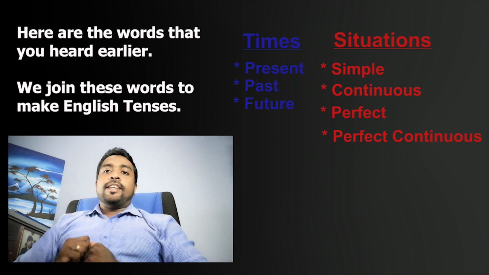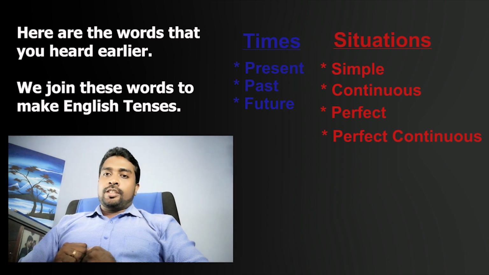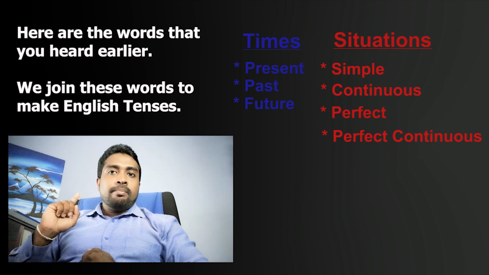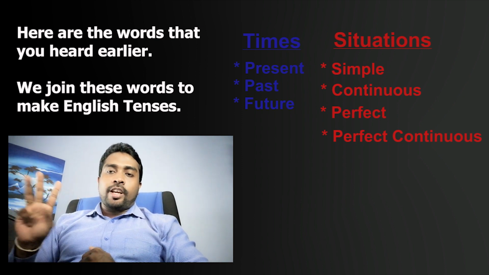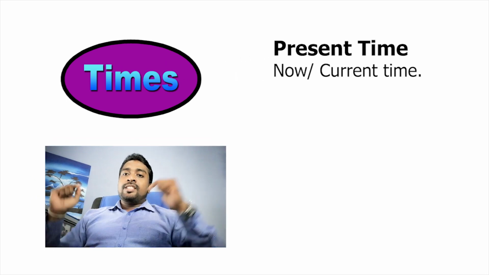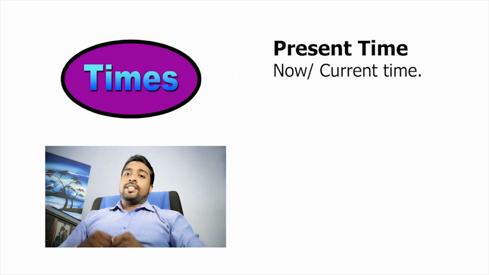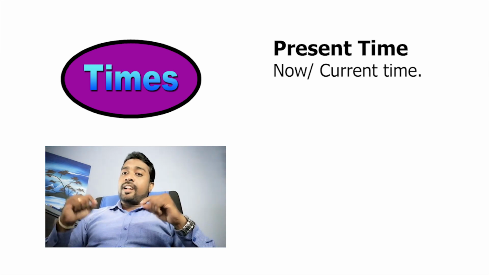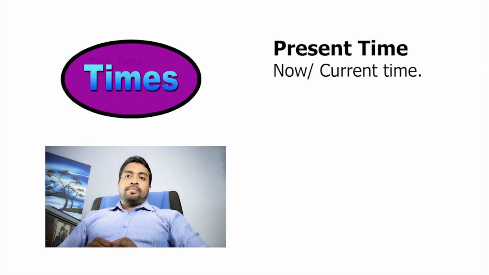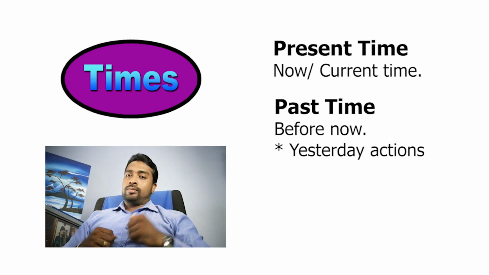As you can see, there are three times in English. They are present time, past time, and future time. Present means now or this time. In other words, you can say present is the current time. Past means before now or earlier times.